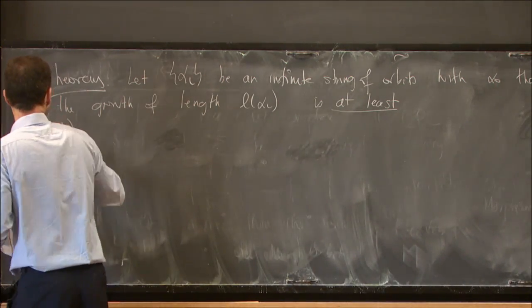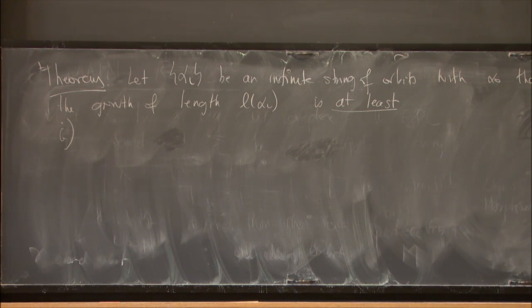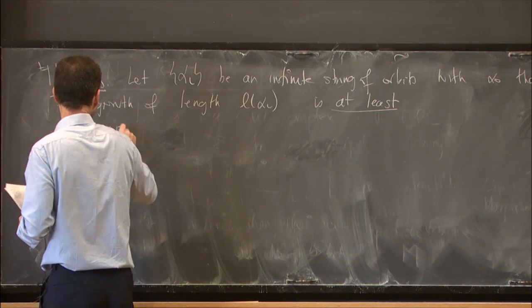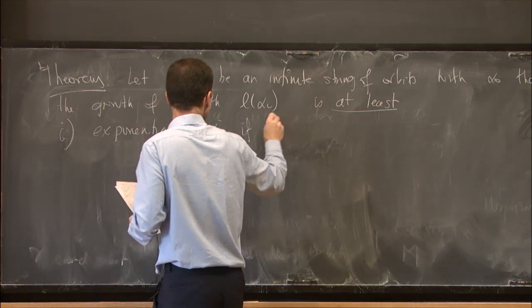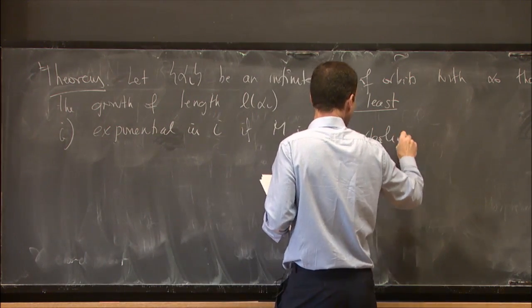So first, it turns out that this result is going to be really associated, sort of the dynamics with the topology of the manifold. Okay? So the growth of length is exponential in i if M is hyperbolic.